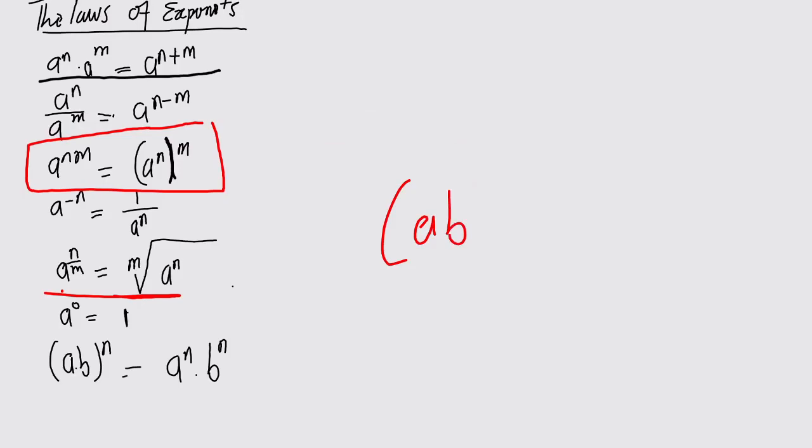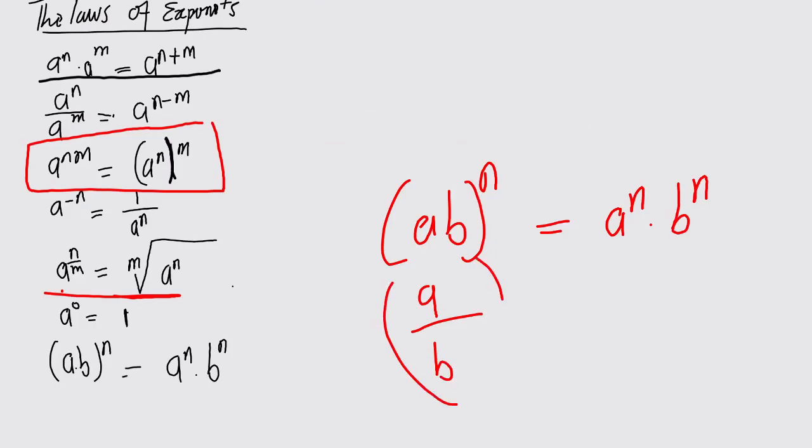a and b in brackets, then you have n, which equals a n times b n. We have a and b in brackets, then we have n. This is the same as you have a over b, then you have brackets.